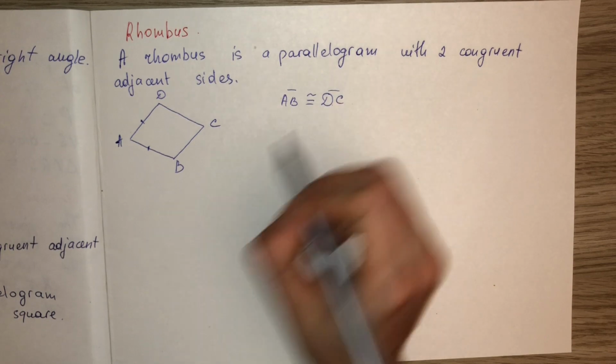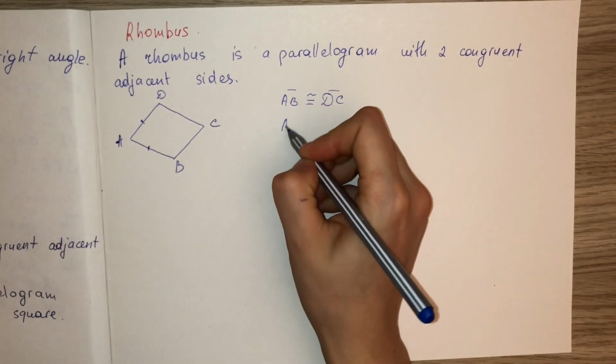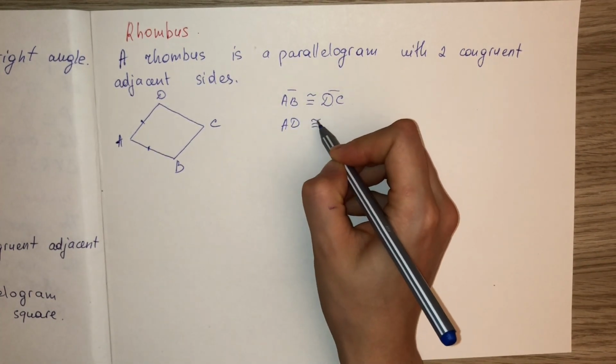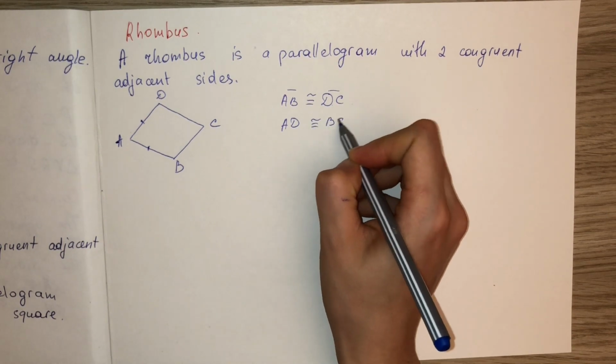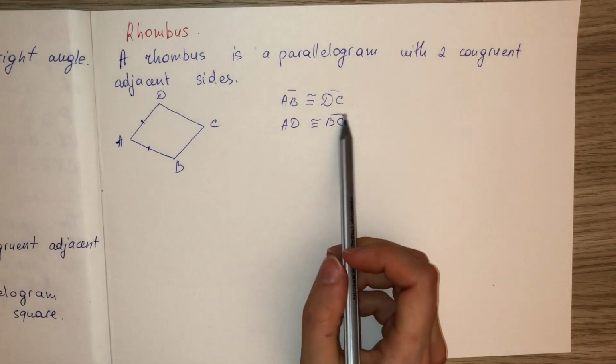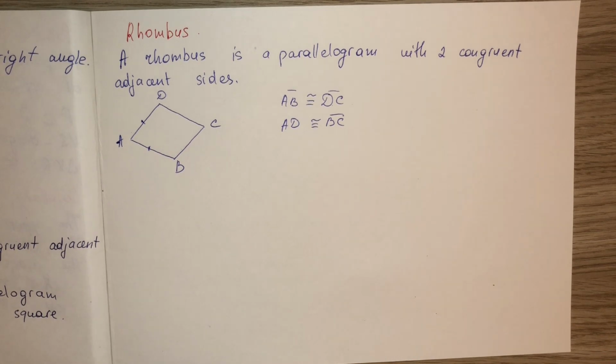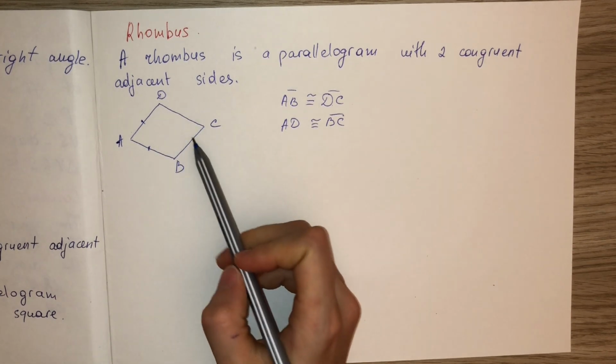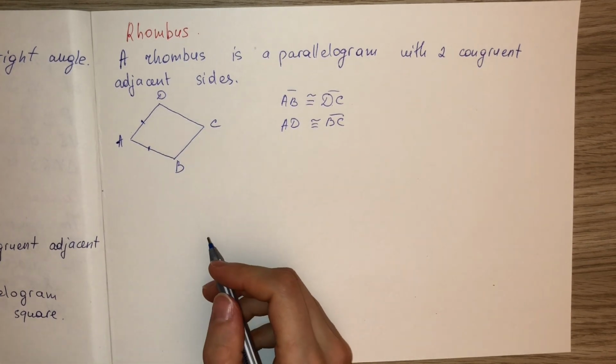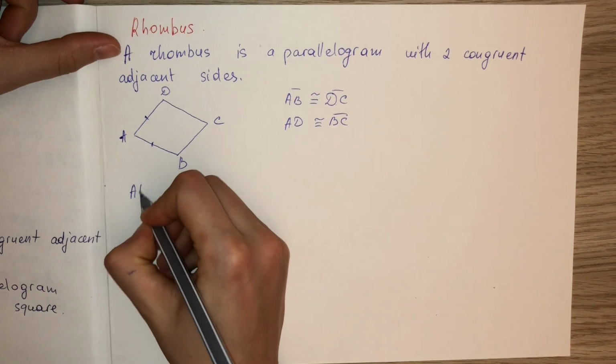Okay, and also AD is congruent to BC. Here, from this, we have a corollary that all sides of a rhombus are congruent. All sides are congruent. Let's write.